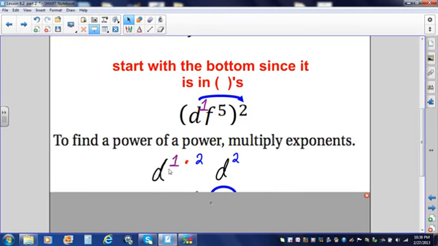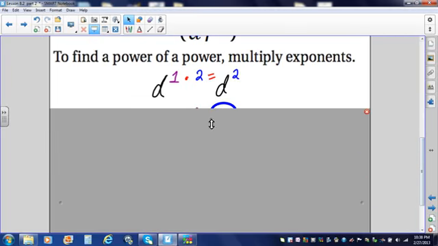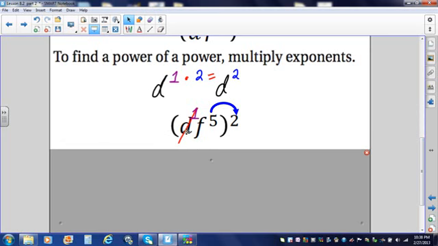So I have d to the first times 2. That's going to give me d squared, or d to the second power. I'm done using the d, or d to the first power, so I'm just going to cross it out. Goodbye.